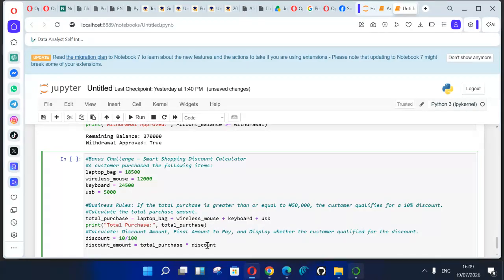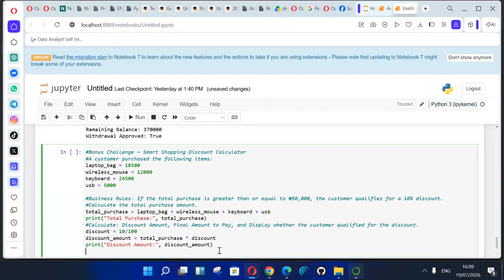Okay, and calculate the discount amounts. Then calculate the final amount.